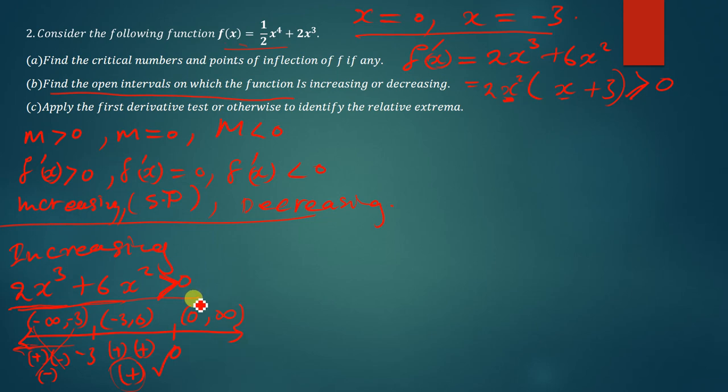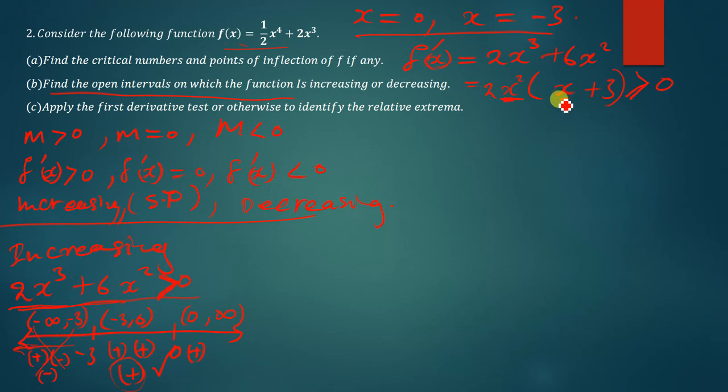Okay, let's also test this other region. We get any number greater than 0. We can even get a 1. If we put 1 there, 1 squared, the answer will be positive.